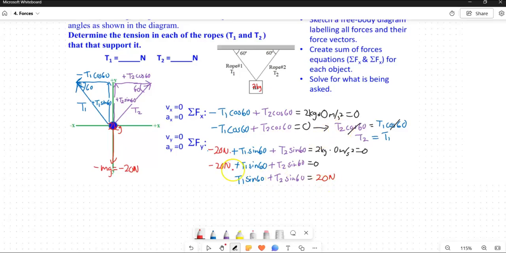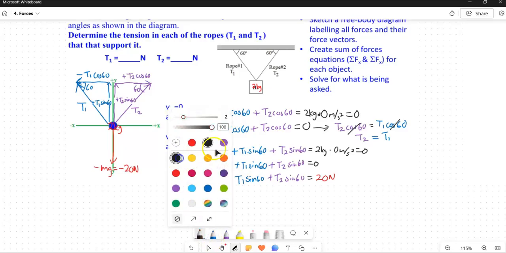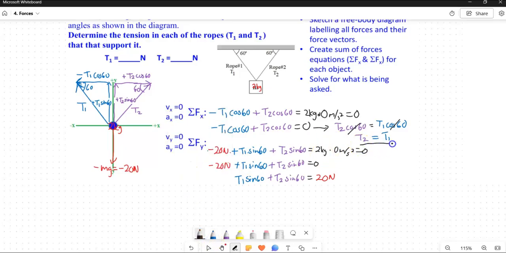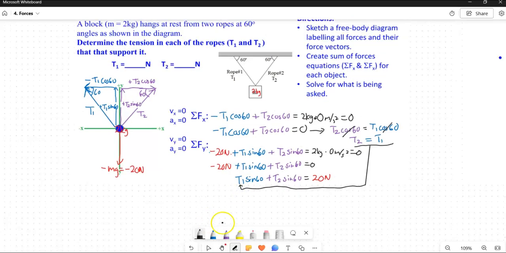Now, we just found out a second ago that T2 and T1 are equal to each other. So we have to pick which one we want to sub in. Since they're the same thing, I'm going to take T1 to be equal to T2 and sub in T2 for that.